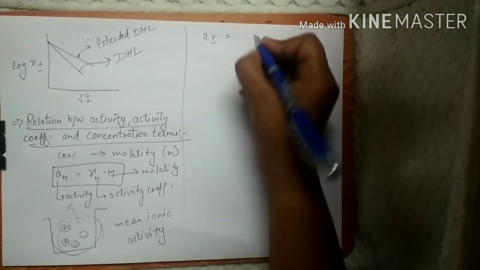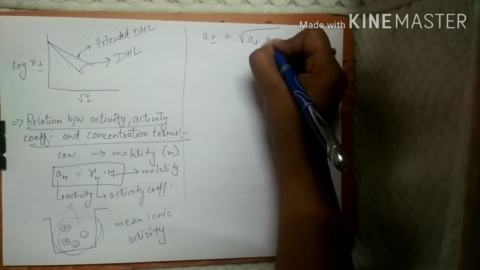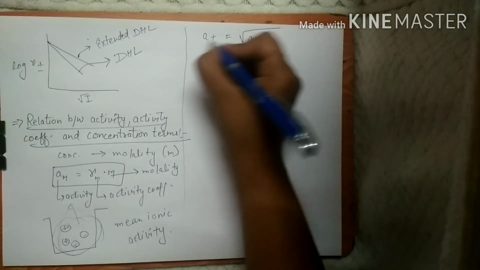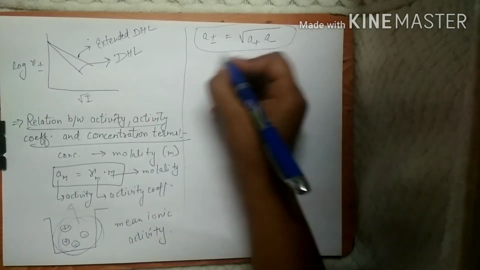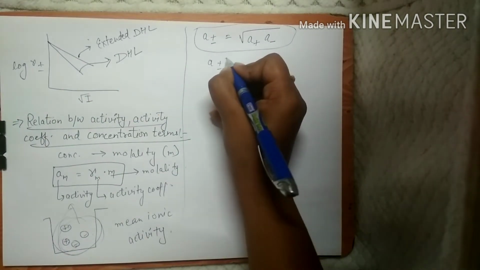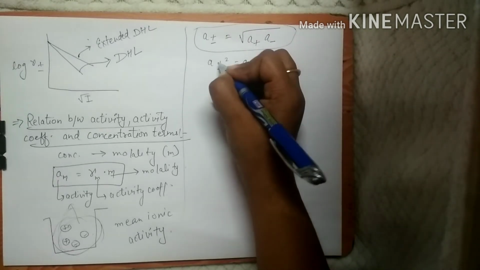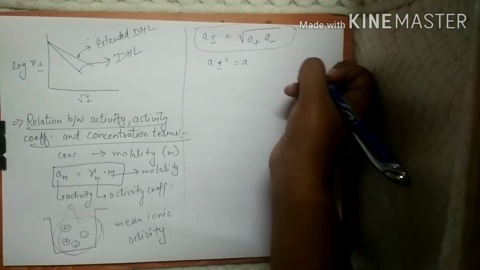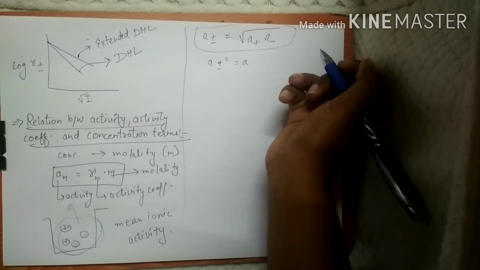So it will be root of activity of cations into activity of anions. This is your mean ionic activity. Or you can say A plus minus square is equal to A plus into A minus, because for the solutions which we take, generally A positive and A negative have almost the same values, right?